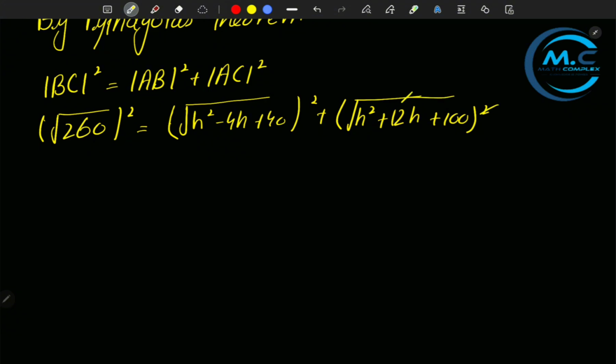Square and square root cancel each other. This will become 260 is equal to h square minus 4h plus 40 plus h square plus 12h plus 100.